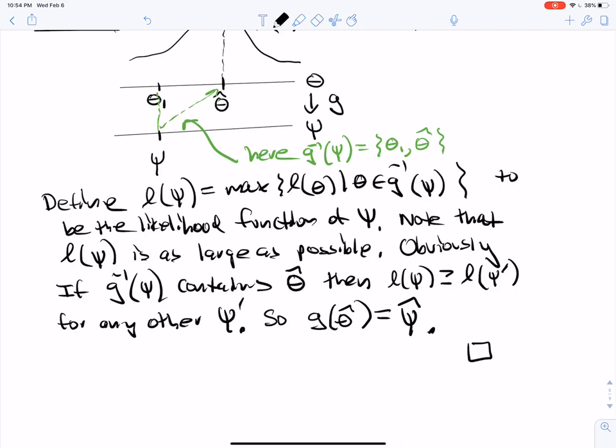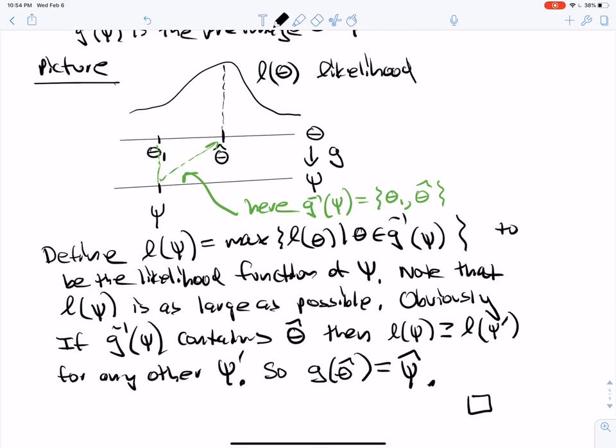So obviously if G inverse phi contains theta hat, as it does in this example, then L of phi is greater than or equal to L of phi prime for any other phi prime, because L of phi is L of theta hat, and that's as large as possible. So G of theta hat is phi hat, which is what we had to prove.